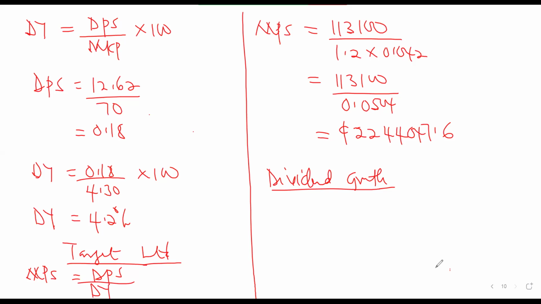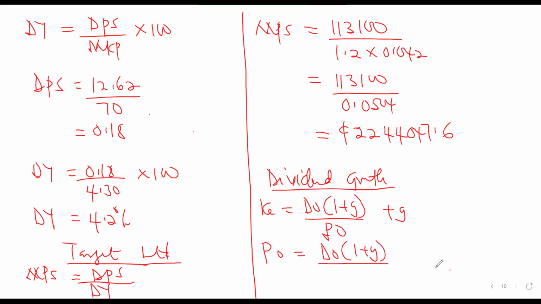So we can find our market value using the dividend growth, which will give us Ke is equal to D0 into bracket 1 plus g divided by P0, where P0 is the market value, all plus the g. So if you are looking for P0, that will give us D0 into bracket 1 plus g divided by Ke minus g.